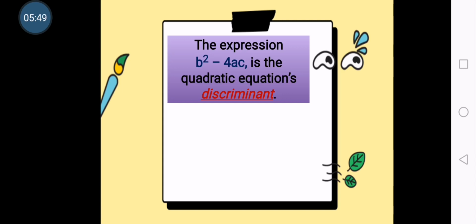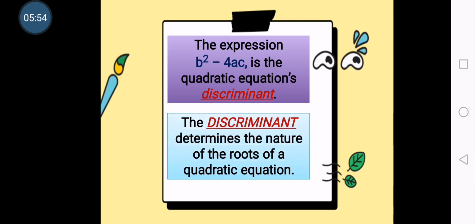So, huwag kalilimutan ha, ang b square minus 4ac ay discriminant. And ano ba ang kahalagahan niya? Discriminant determines the nature of the roots of the quadratic equation. So, yun po ang importance. So, siya po ay ginagamit para malaman natin ang nature ng roots ng quadratic equation.